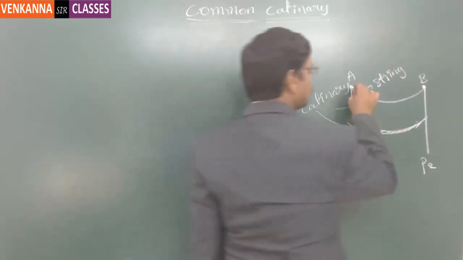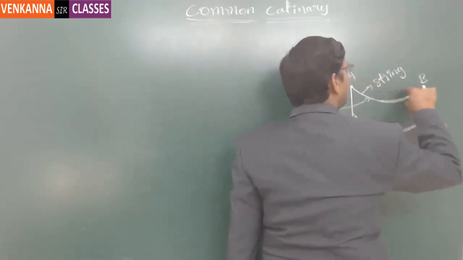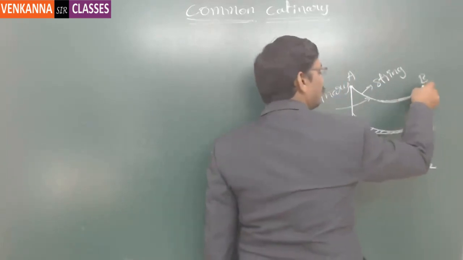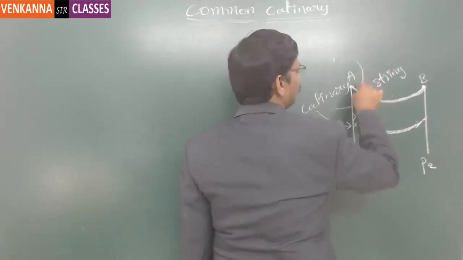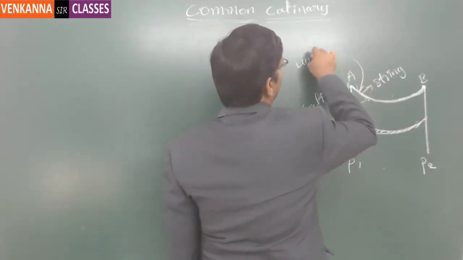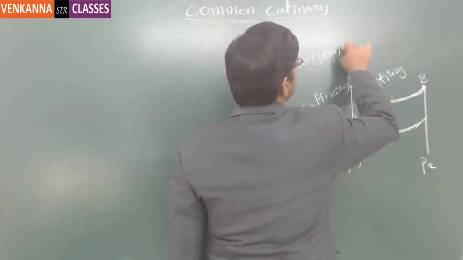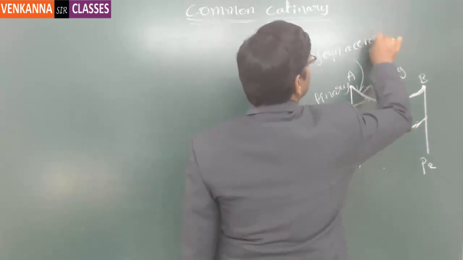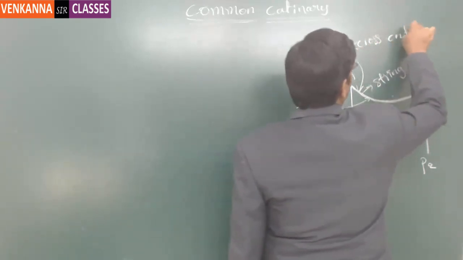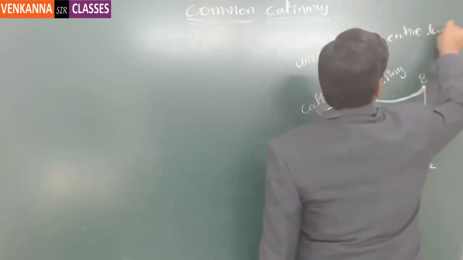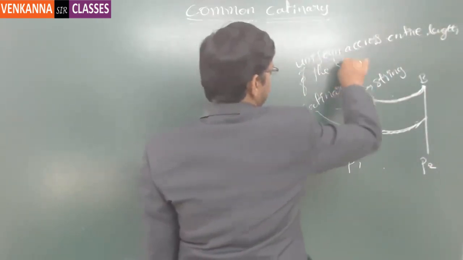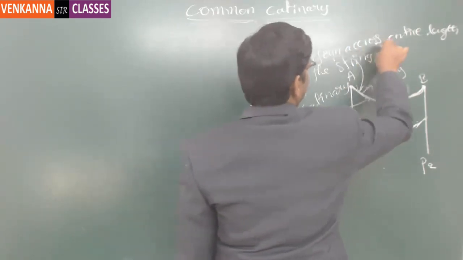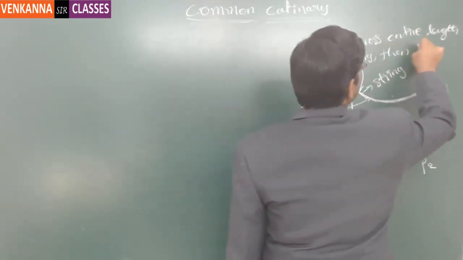In this particular case, the mass is uniformly distributed between the two different points, right? So this entire string has uniform mass. If there is uniform mass across the entire length of the string, then it is called a common catenary.